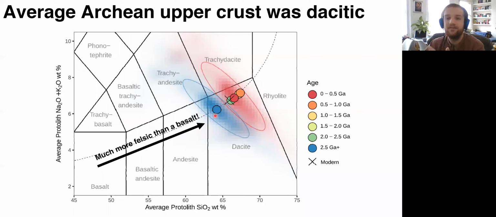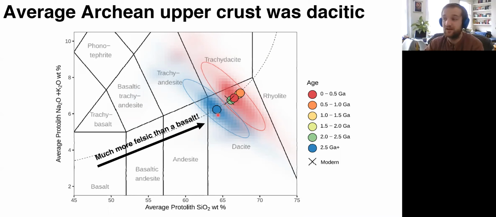So you have these ideas of the Archean continental crust being a field of basalt, like a Hawaiian lava field, but that's not recreated in our data at all. Our compilation of sediment geochemistry seems to indicate that the composition of the Archean continental crust was not that different to the modern day crust.